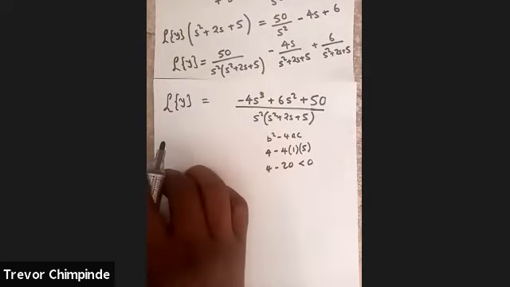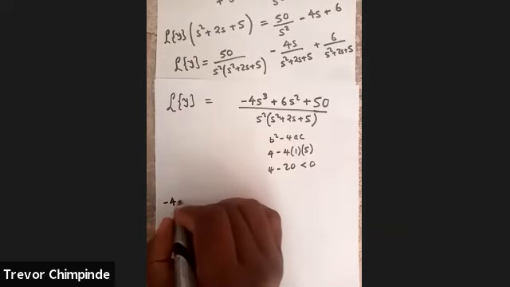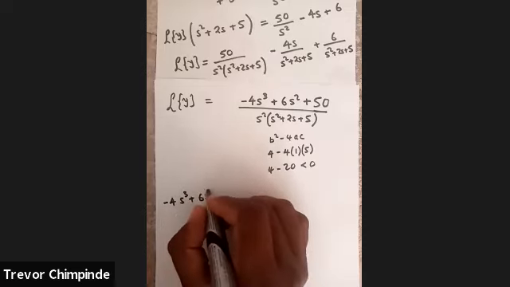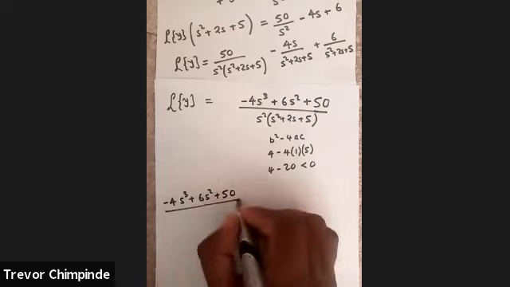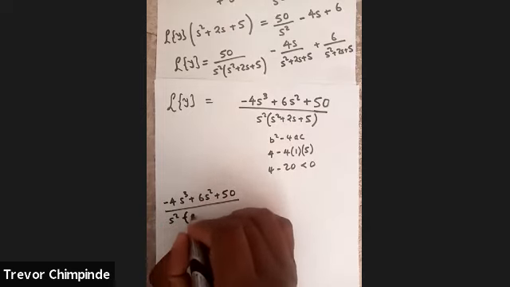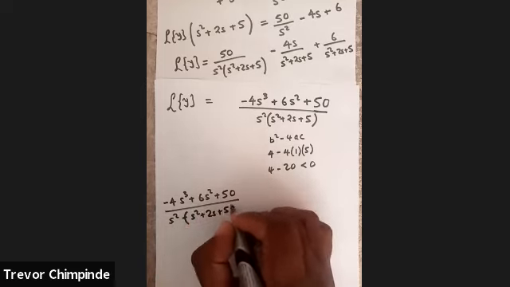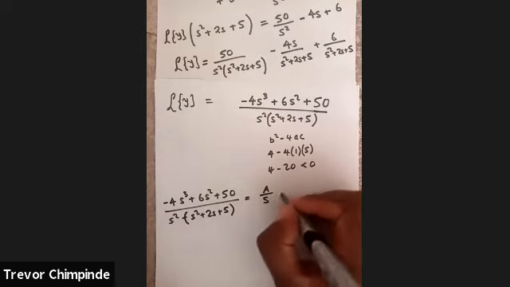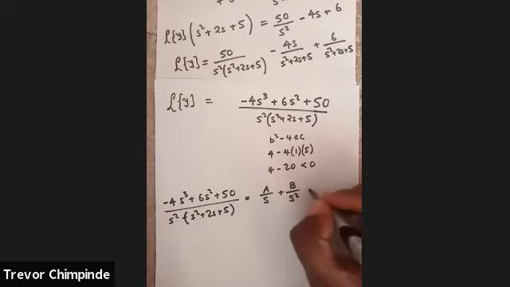Therefore, to decompose this into partial fractions, we're going to have negative 4s cubed plus 6s squared plus 50 over s squared, then in brackets s squared plus 2s plus 5, will become A over s plus B over s squared.